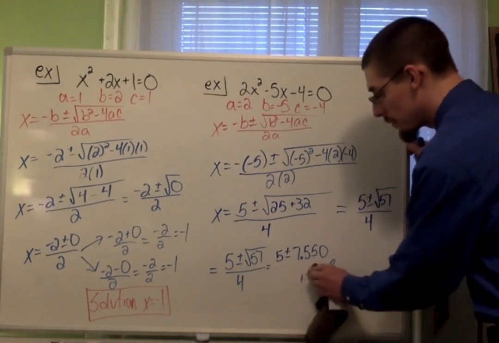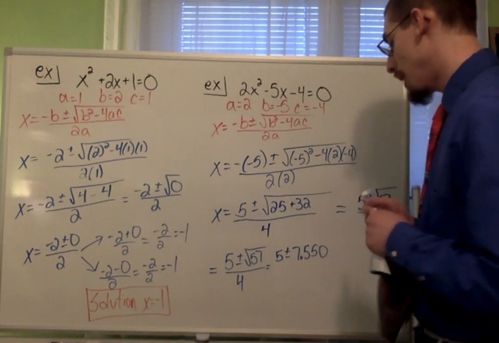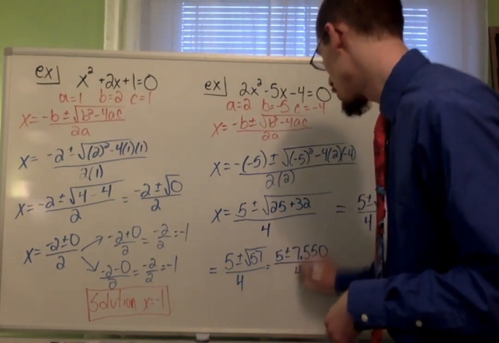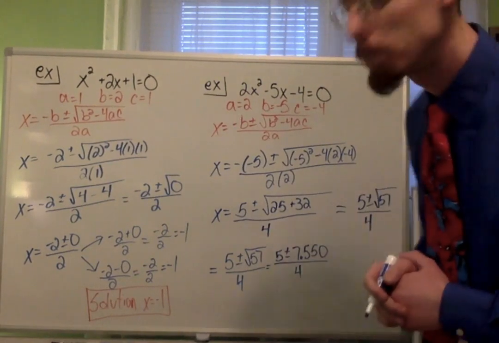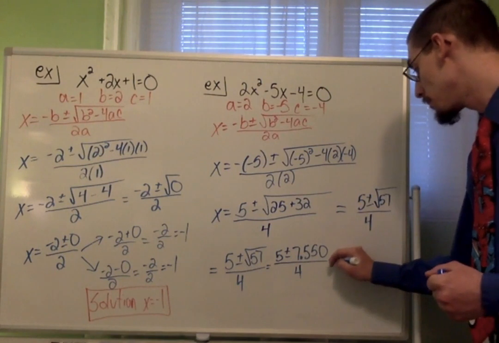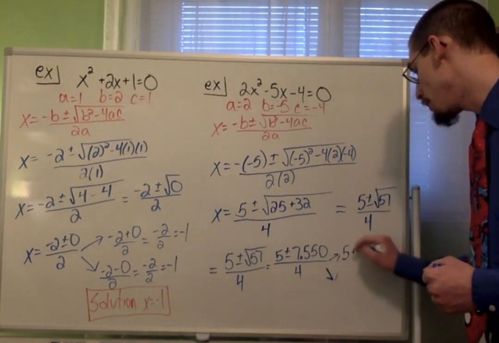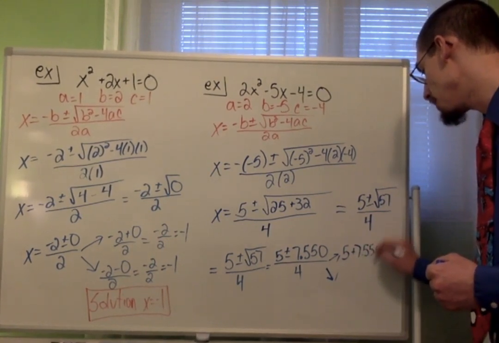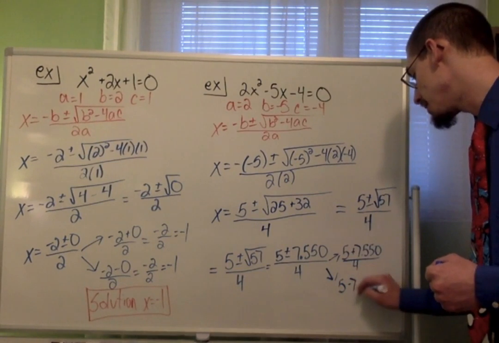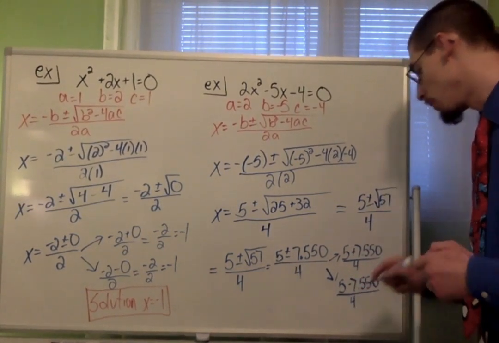So anyway, it's 5 plus or minus 7.550 all over 4, right? Now I can split it up. 5 plus 7.550 over 4, and 5 minus 7.550 over 4.